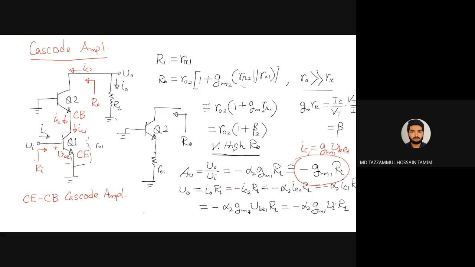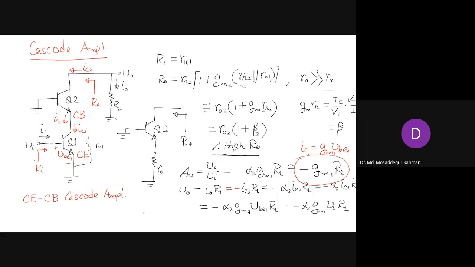In common emitter amplifier, GM was multiplied by R naught parallel RL. In this case we don't have that small R naught, the output resistance of the common emitter.